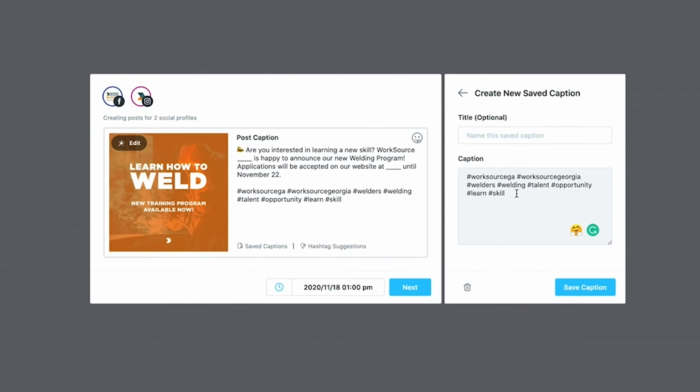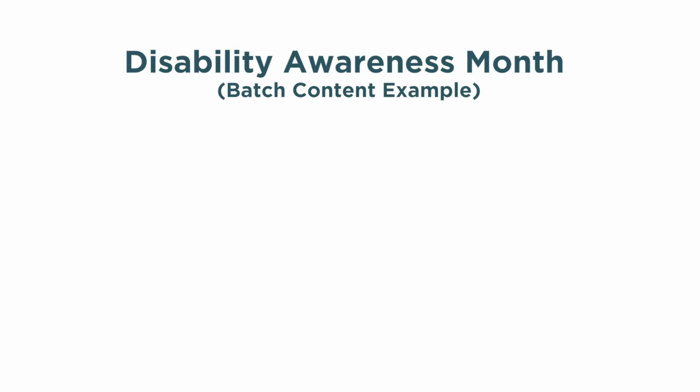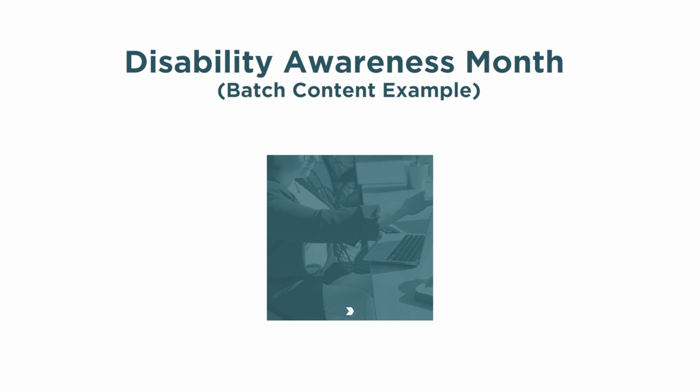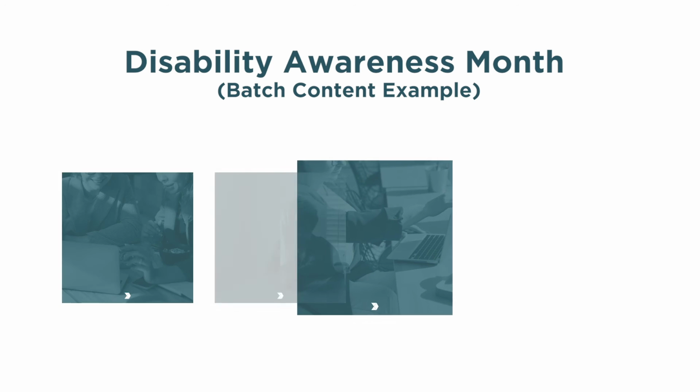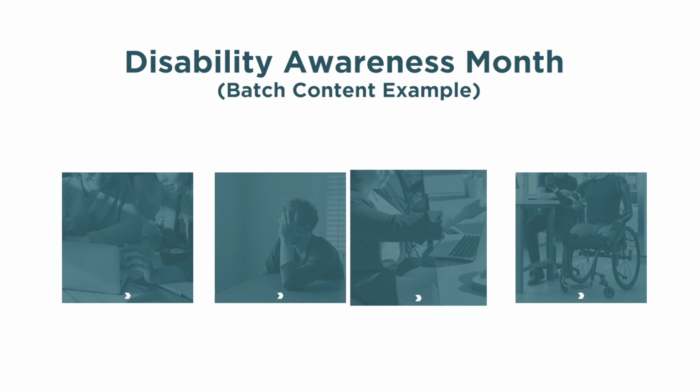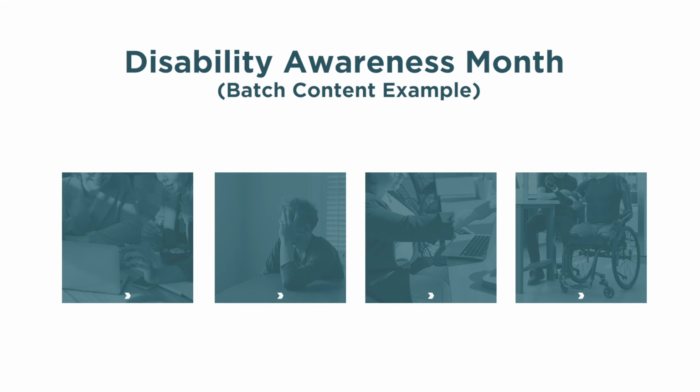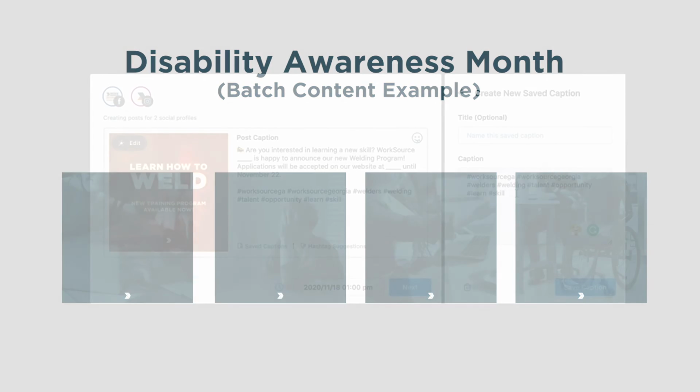Because here at Works with Georgia, when we post and schedule content for social media, it's usually not a standalone post. We like to batch our content. For example, for Disability Awareness Month, which was in October, we created and scheduled, I think, 4 or 5 posts, and we used similar hashtags for each of those.